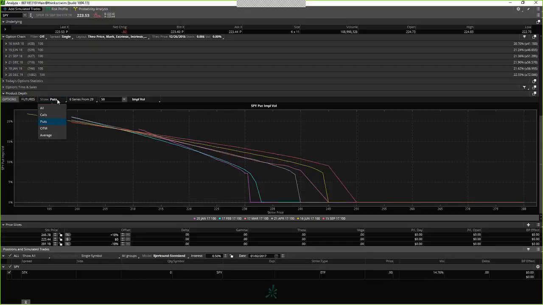But what I'm looking at, in terms of any structure, think about what we're trying to end up doing. What we're trying to do is sell volatility that we think is a little bit high and buy volatility that we think is a little bit low, from a historical point of view.